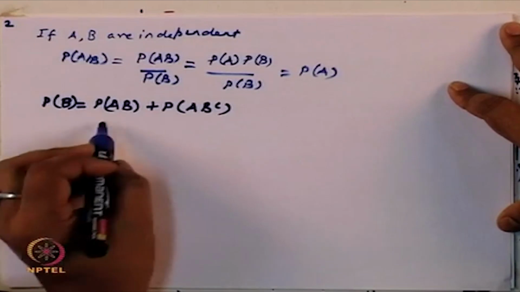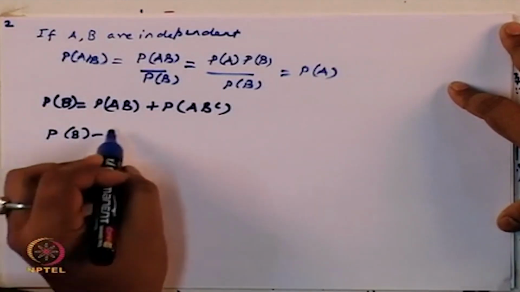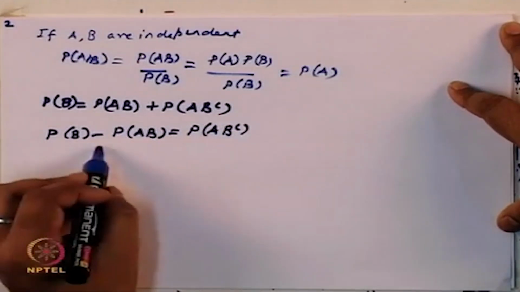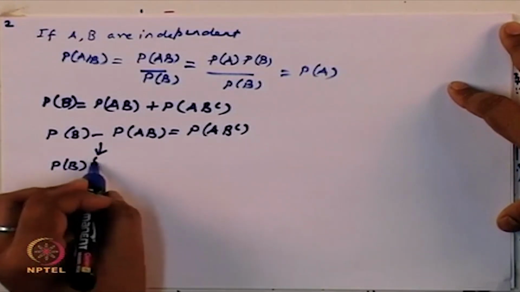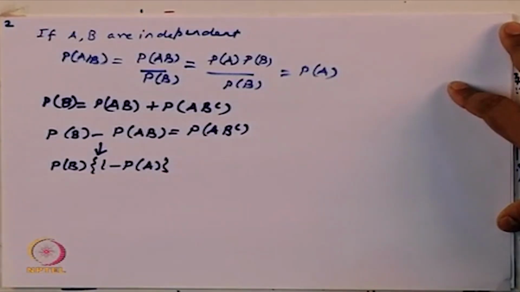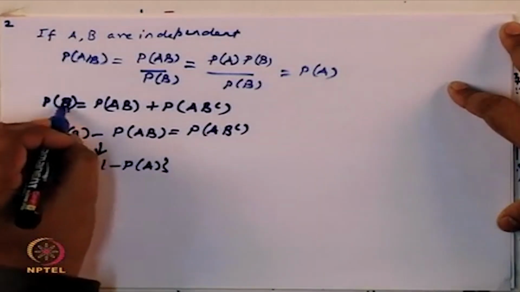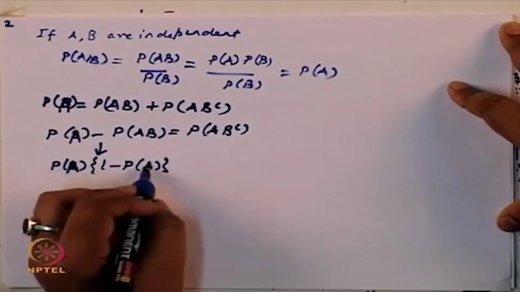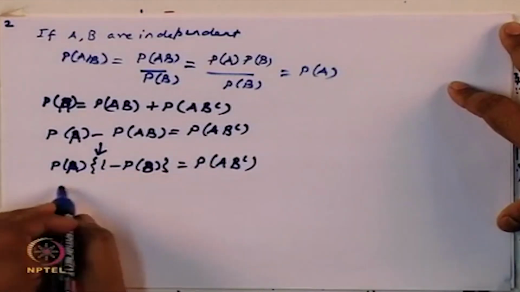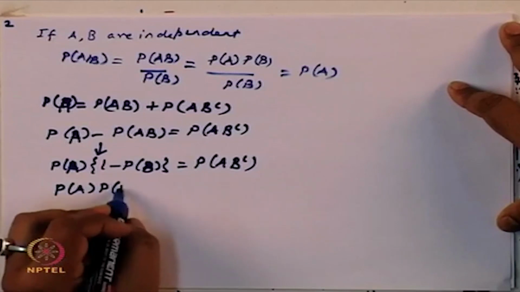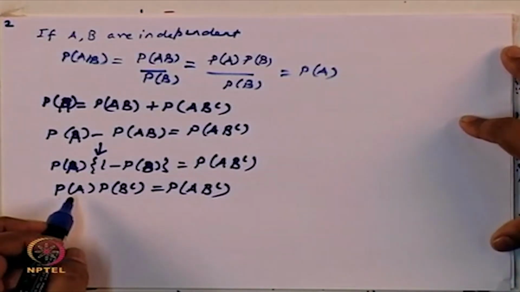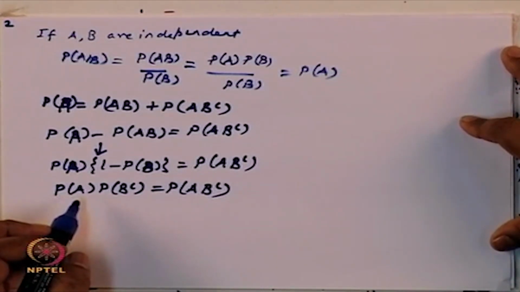So, I can rewrite this and take it to the other side, and I can simplify this as P of A into 1 minus P of B is equal to P of A B complement, and this is nothing but P of A into probability of B complement is equal to P of A B complement. So, this shows if A and B are independent, then A and B complement are also independent.